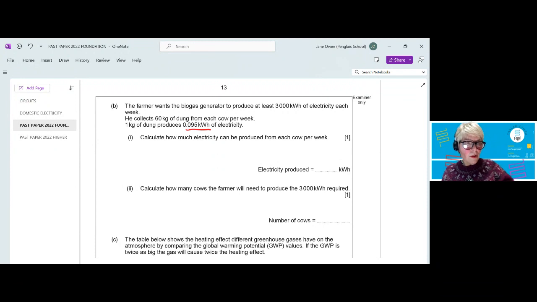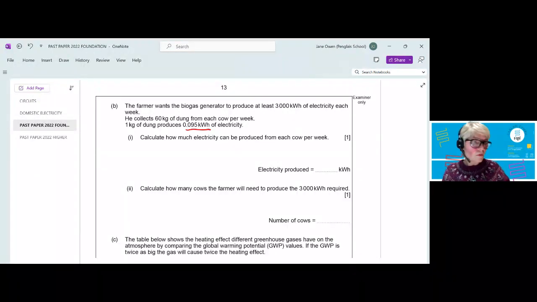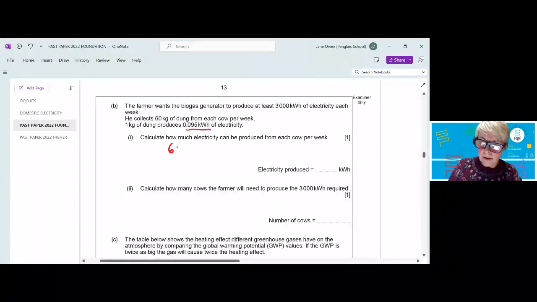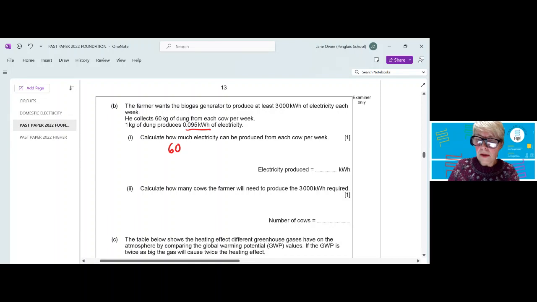So what we've got to do here is take the amount of dung, 60 kilograms, and if you know that 1 kilogram gives you 0.095, then by timesing it by 60, 60 kilograms will give you 60 times 0.095. Work it out on a calculator, we get 5.7. You can round it to 6 if you want, but leave it as 5.7 and pop it in the answer line.